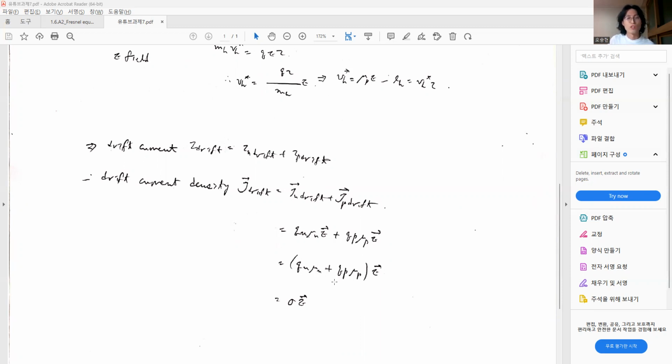And it can be substituted by the same value, sigma, which is the conductivity of the material, which has holes and electrons. Thank you.